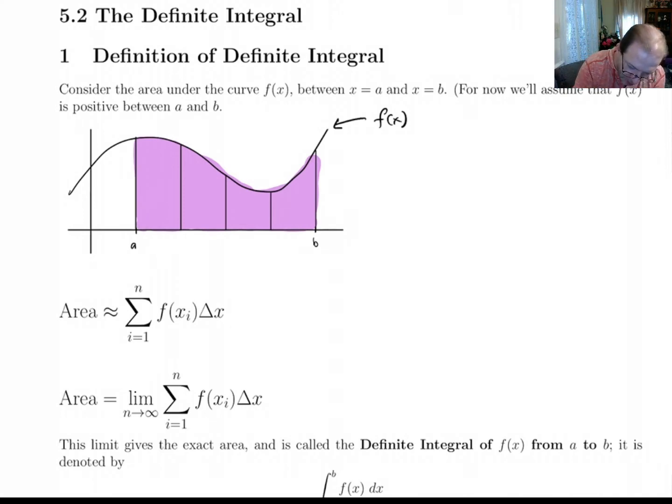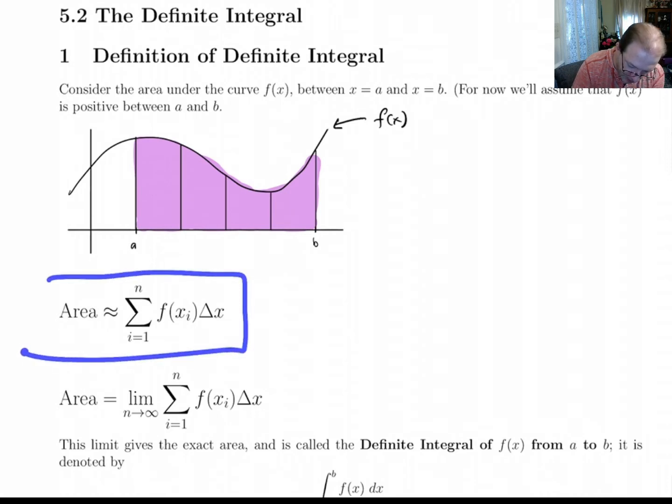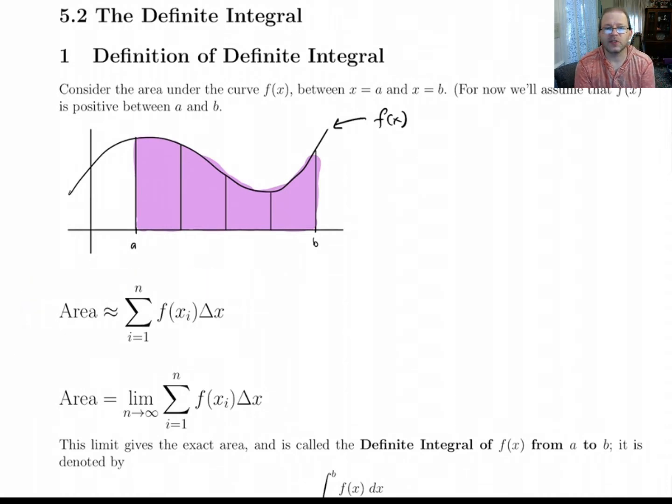The area is approximately this sum. So let's talk about what this sum is. The sigma notation means we're taking the sum of f of x sub i times delta x for each one of these i values. N up here is the number of rectangles. And if you're rusty or if you haven't used sigma notation before, Appendix E is a good thing to look at.